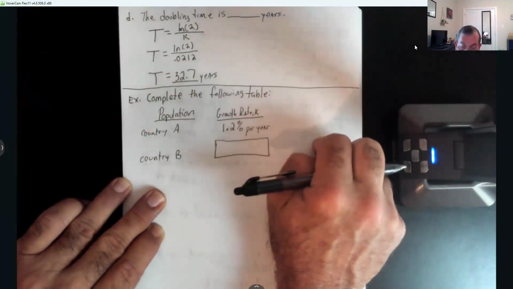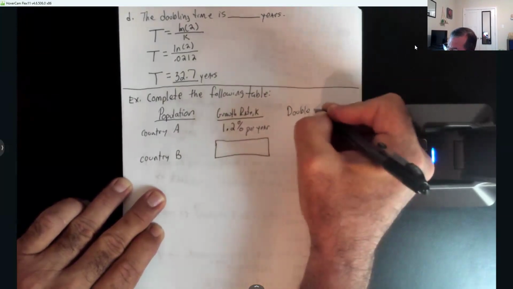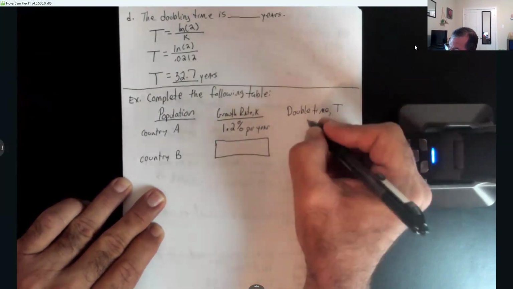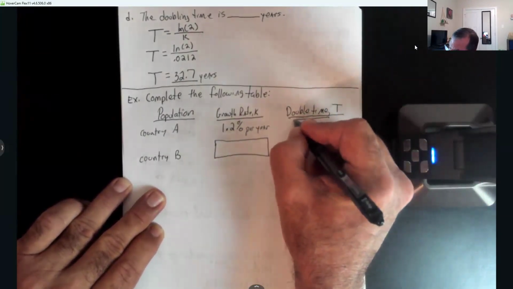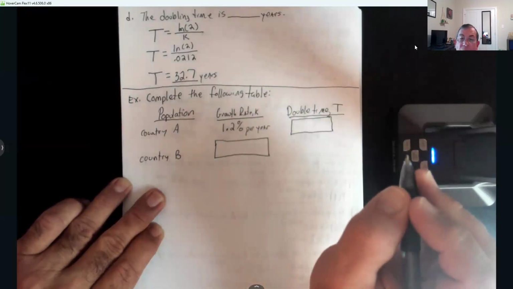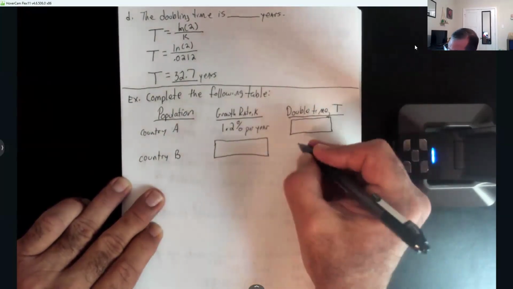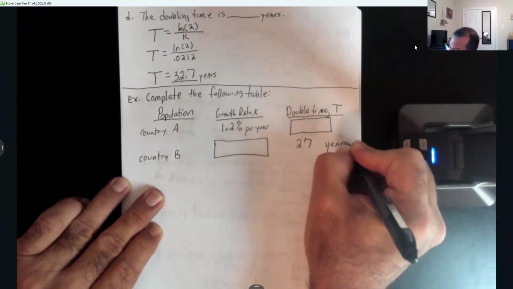Now, the last column, they got our double time. Remember, that's our capital T. Now, they're not giving me the double time for country A, but they are giving me the double time for country B, and this one is 27 years.